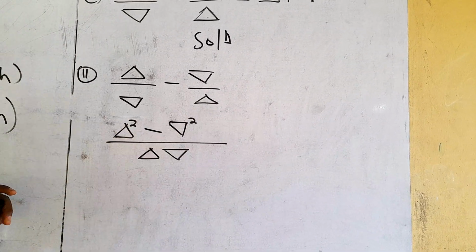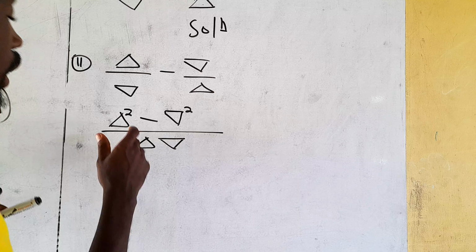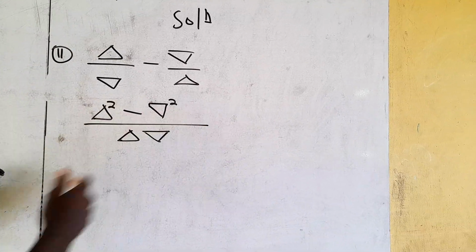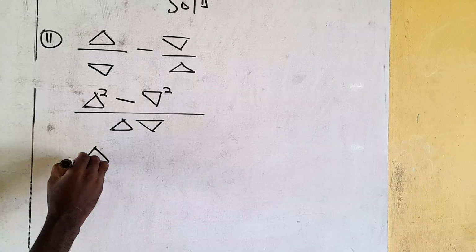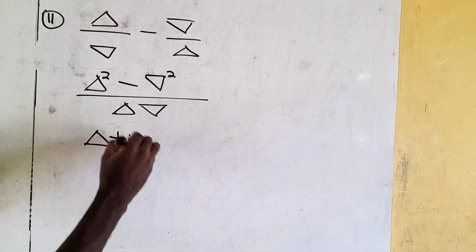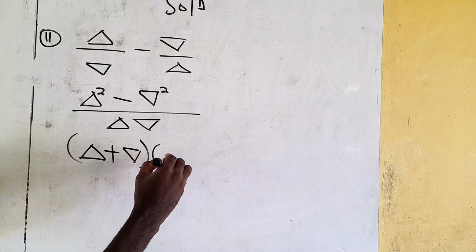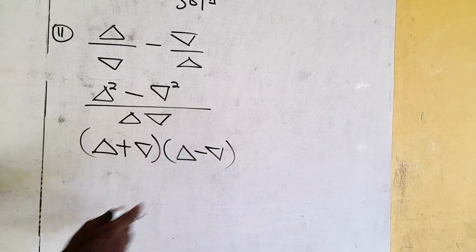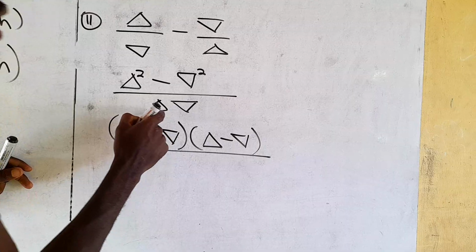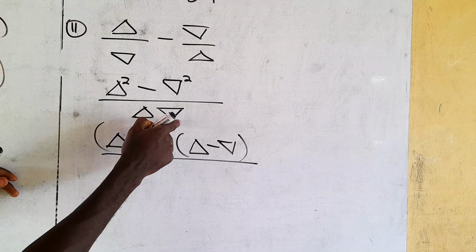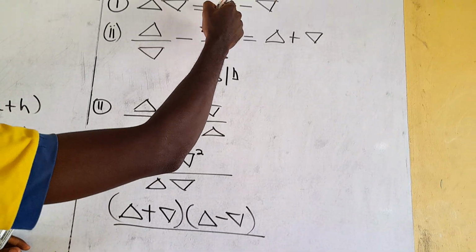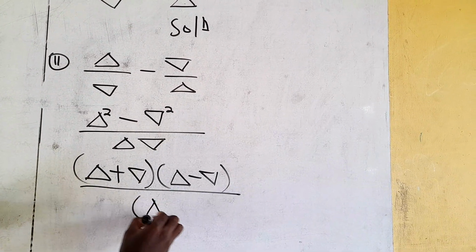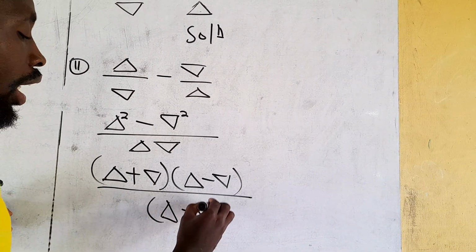Now what is this? This is difference of two squares. So we have delta square minus nabla square is actually delta plus nabla in one bracket, then another bracket, delta minus nabla, since that is difference of two squares. All over, remember we proved delta nabla is actually delta minus nabla. So we substitute that. That will be delta minus nabla, actually.